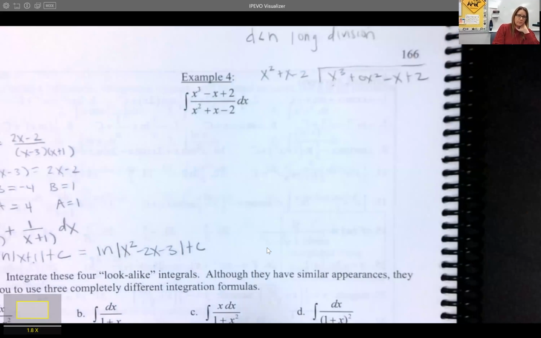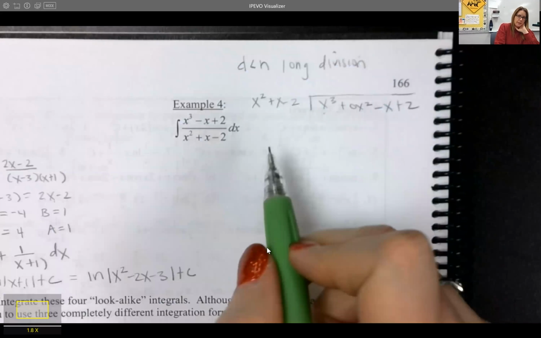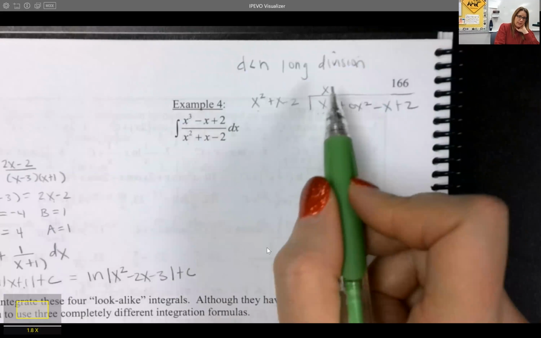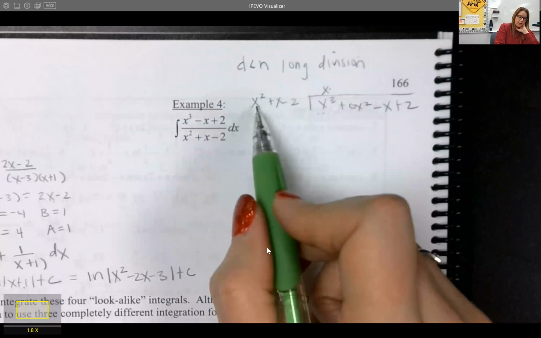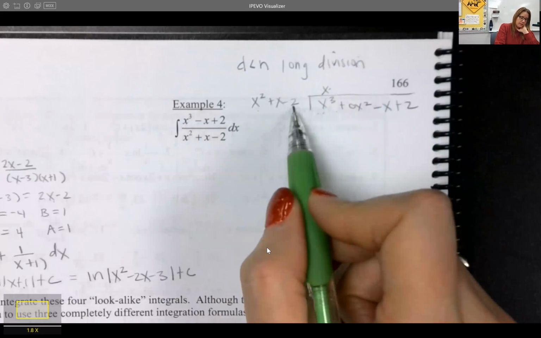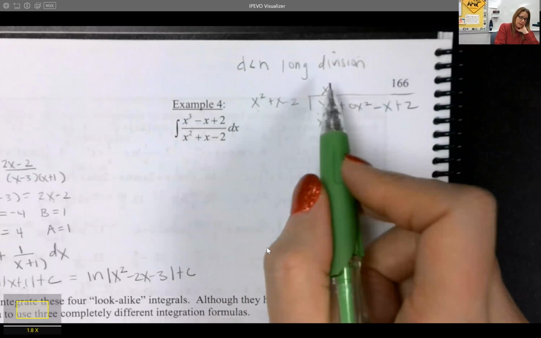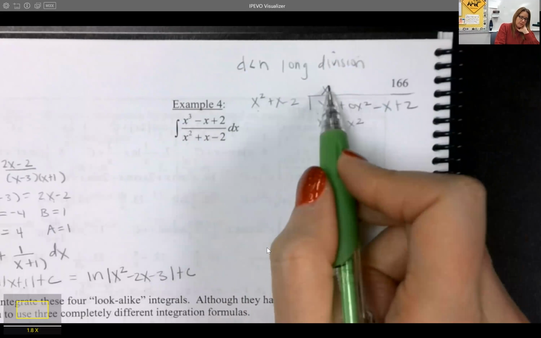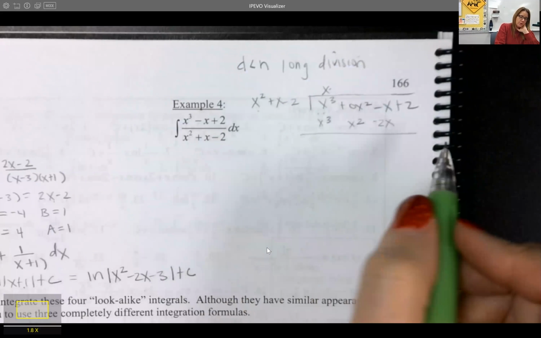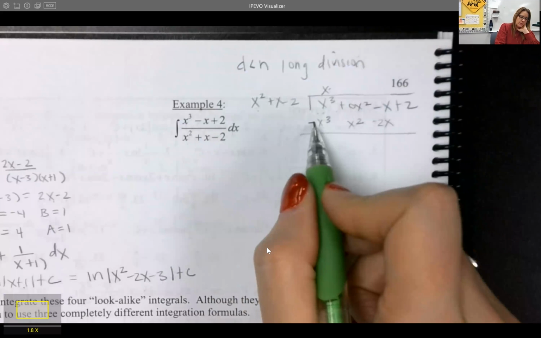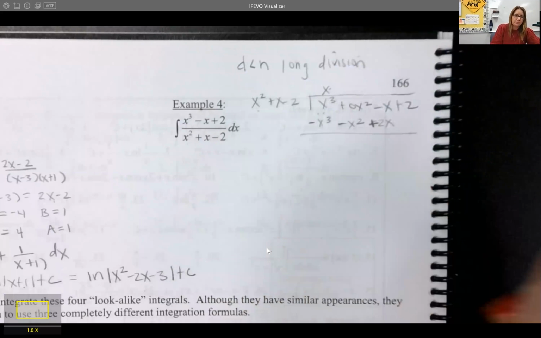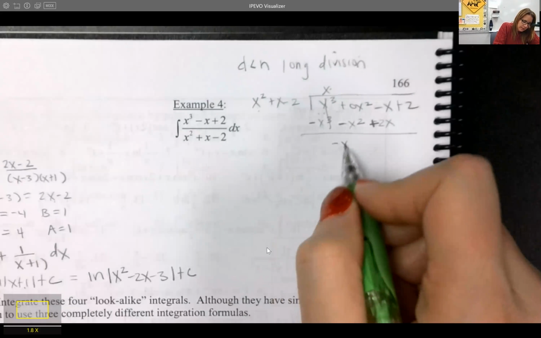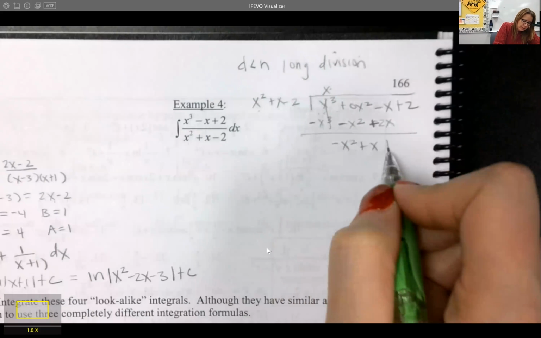Okay, so x squared divides into x cubed, x times, and then I do the x at the top multiplied by each number on the divisor. So x cubed, x times x is x squared, x times negative 2 is negative 2x. Remember, we're subtracting, so this is minus, and this will be plus. Okay, these cancel out, and I get negative x squared plus x plus 2.